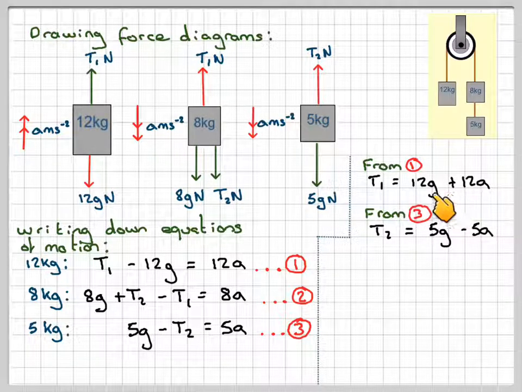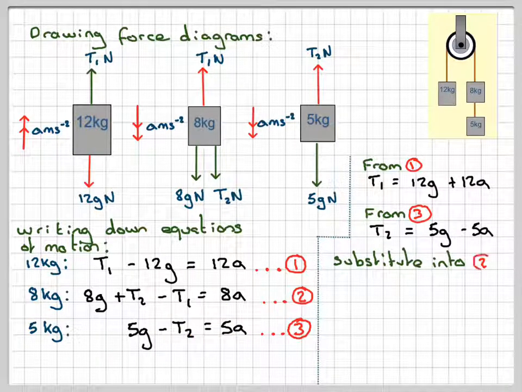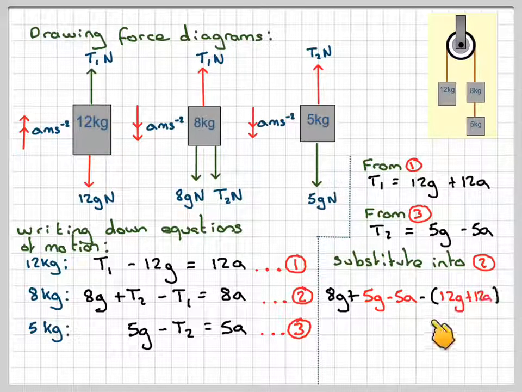Now, if we substitute these two things in here for T2 and T1, we'll just get an equation in A. So, substituting into equation 2, we're going to have 8g plus 5g minus 5a minus, now be careful, put this in brackets, 12g plus 12a, is equal to 8a. So we just substitute T2 here and T1 here.